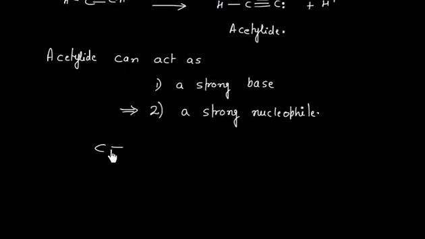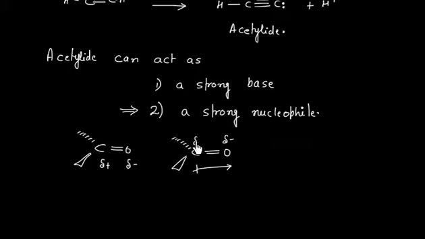If you see a carbonyl compound, oxygen is more electronegative, so it will have delta negative charge. Carbon will have delta positive charge. So there is electron shift from carbon to oxygen side. So a nucleophile can attack on this carbon.